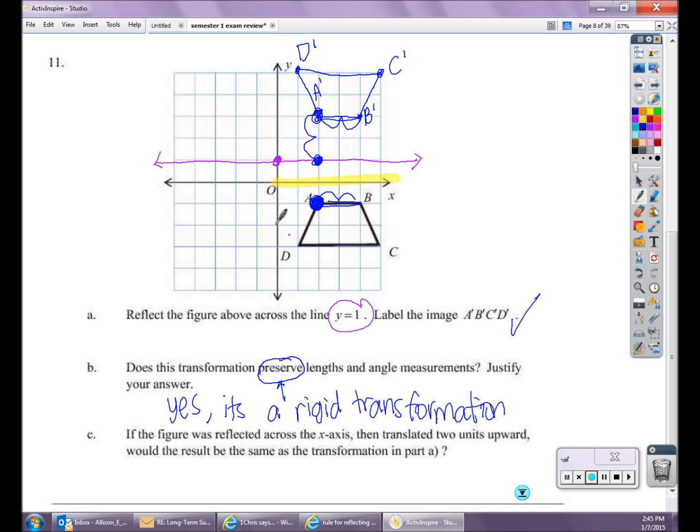Well, it definitely worked for A. Let's try it for D. So reflect across the x to the yellow. So 1, 2, 3 across. 1, 2, 3 right there. And then 2 up. That worked as well. So yes, this works. Yes, it would be the same. All right, number 12.